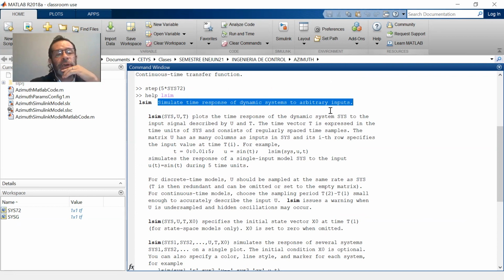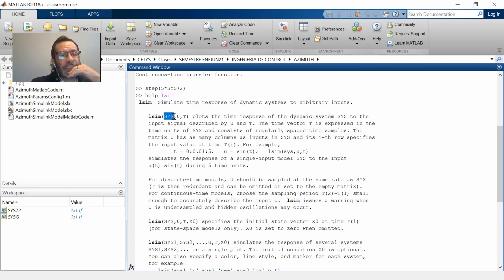Now, how does LSIM work? LSIM receives the system that we're talking about and receives 2 vectors, U and T, which are going to represent the function that we're trying to apply to the system.